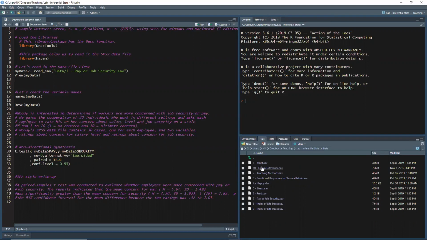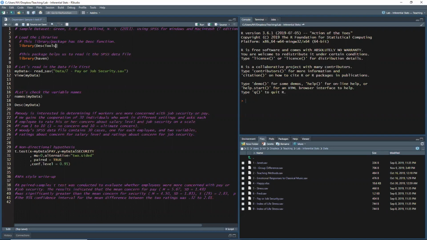It looks like one-pair job security is not here. Oh, okay. This file is called 7. So I'm going to change that one to 7. So it's always a good idea to check whether the data file that you are reading in has the correct name in your syntax, especially if you are reusing some of this syntax that I give you. Okay.